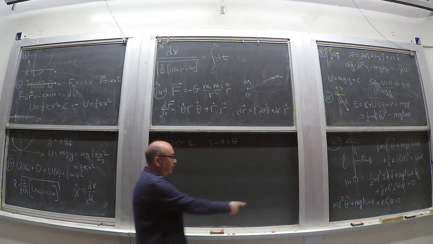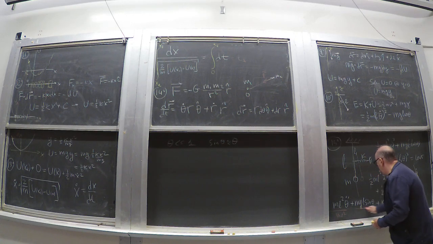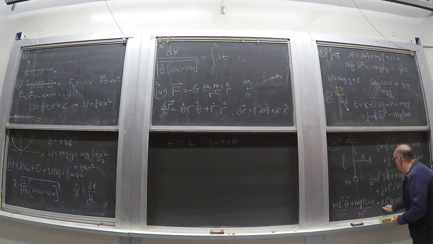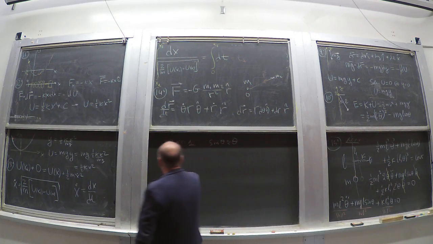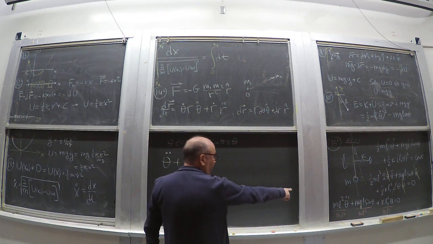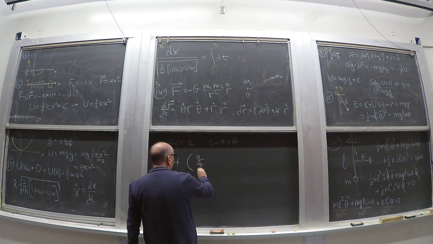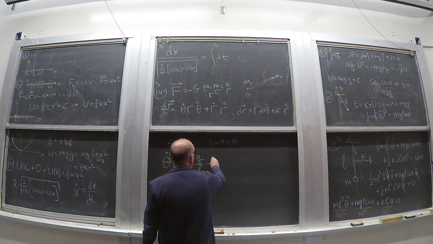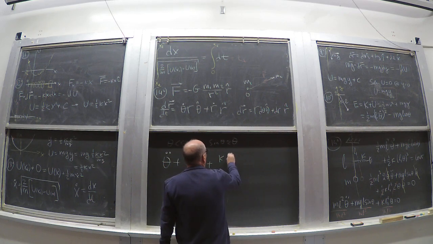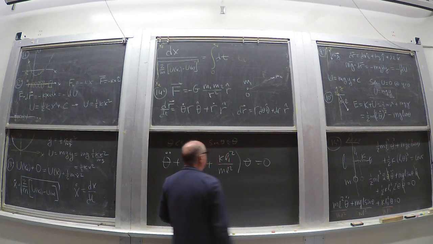Agreed? Okay, let me divide everything by m L squared. And write my final answer. Theta dot dot plus parenthesis m g L over m L squared is g over L, theta. Let me take theta out, plus k L1 squared over m L squared theta equals 0.